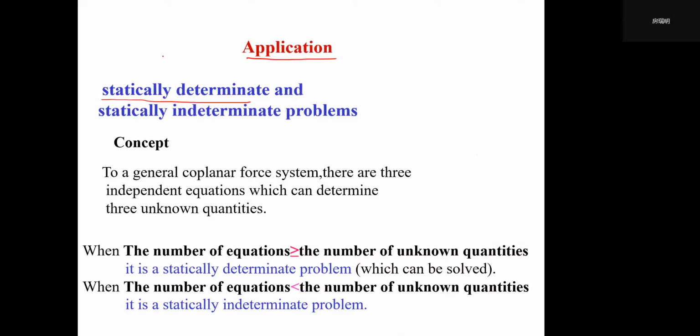In Chinese, we call that 静定问题. 静 is statically, 定 is determined, meaning 确定, 决定, right? So we call that statically determinate problems and statically indeterminate problems. We call that, because this is a negative prefix, 静不定问题.